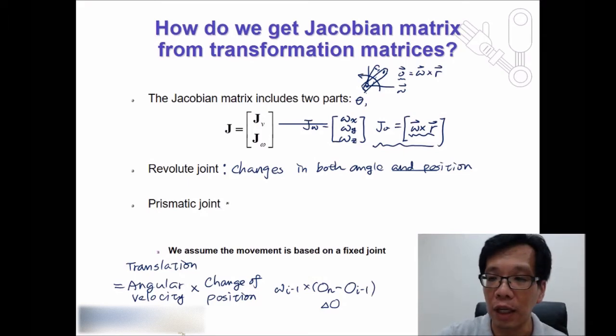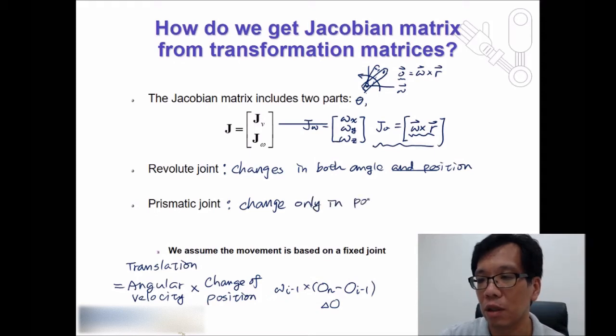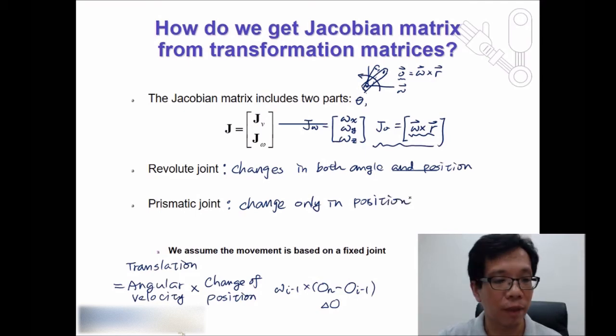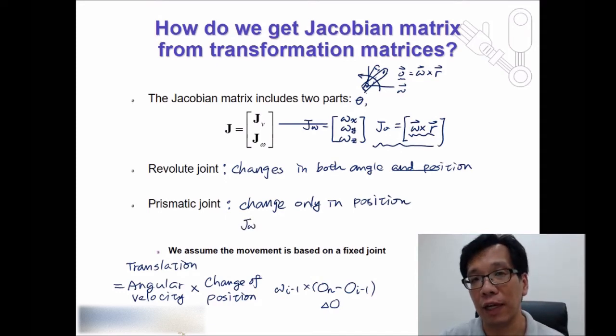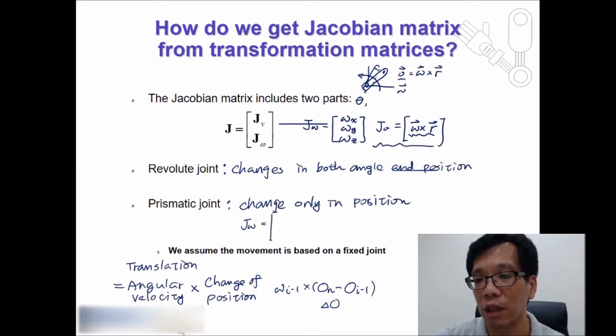But if we have a prismatic joint, then we only have change in position. So when we have change only in position, it means that I do not have anything change in terms of angular velocity, which means this part over here is going to be 0, 0, 0.